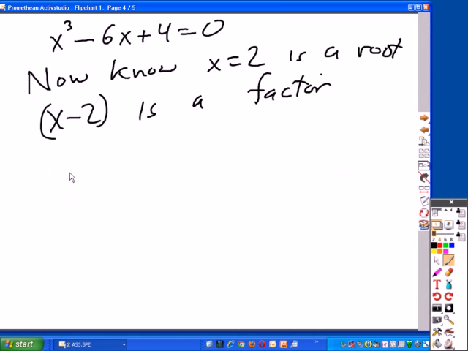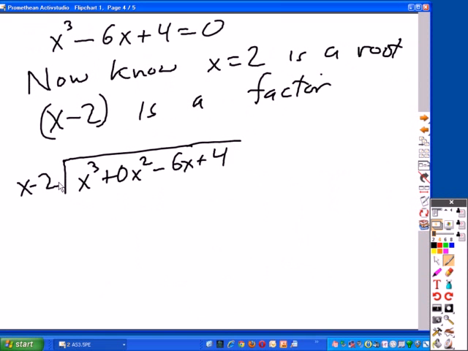And so if we do the division problem, x cubed plus 0x squared minus 6x plus 4 divided by x minus 2. Here's all this high school algebra coming up.